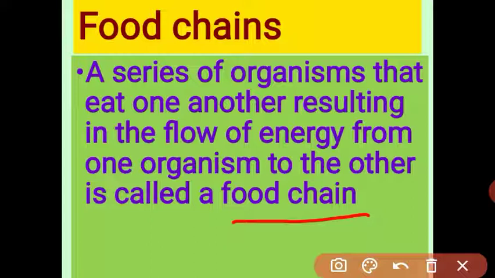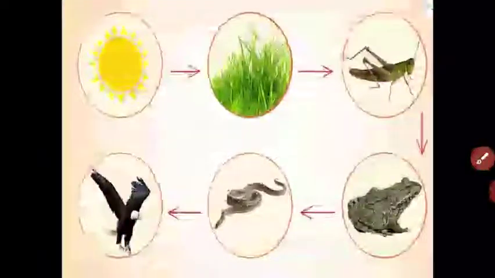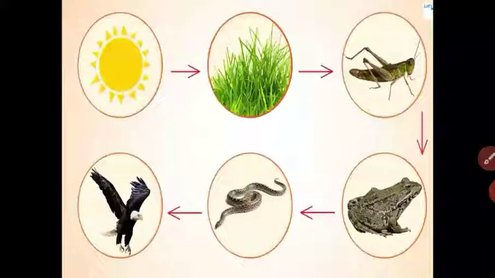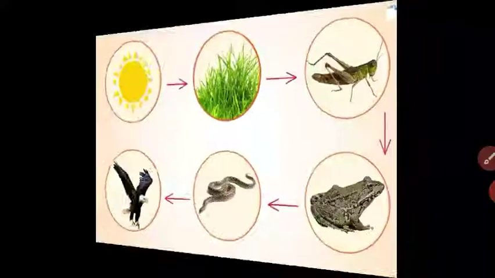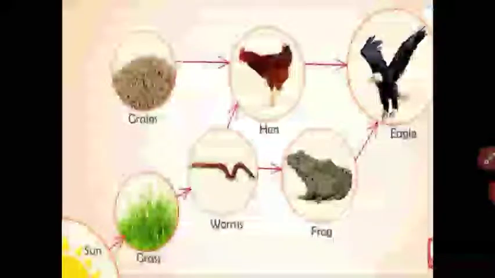See students, this is one food chain. There are so many food chains present in nature. You might have seen them in our ecosystem. One organism can be food for many. Let us understand this with the diagram.